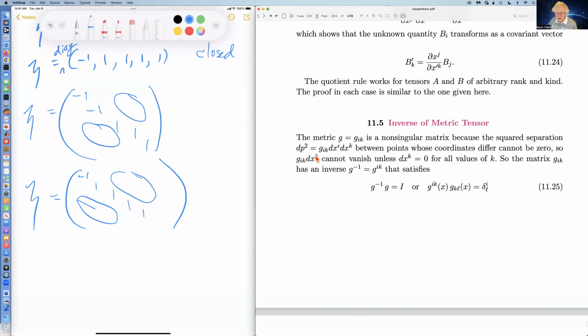In any event, a matrix has a non-zero determinant if this can't vanish unless all the dx's are zero.